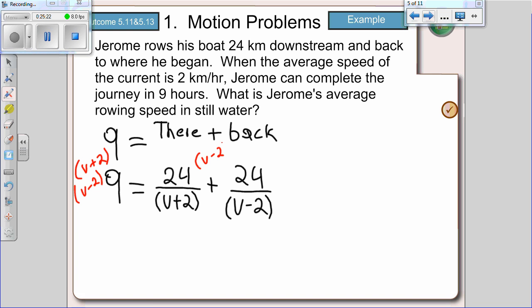So that's what you're left with, which is whatever's on the top. I'm going to write that out a little bit neater, and then we're not going to solve this problem yet. So, v plus 2 times v minus 2 times 9 is equal to 24 times v minus 2 plus 24 times v plus 2.